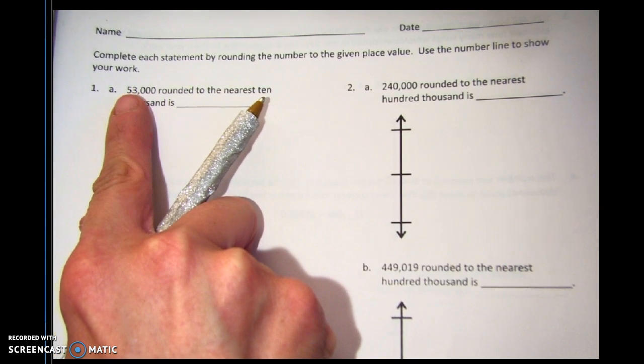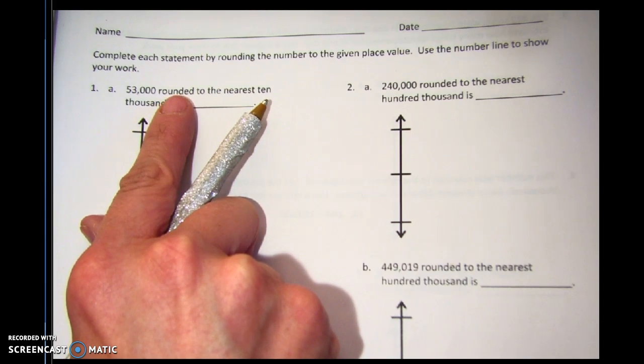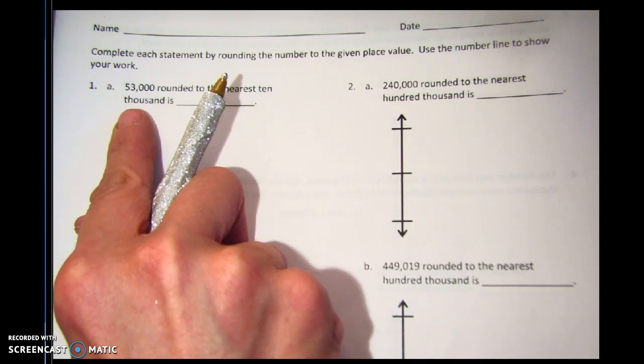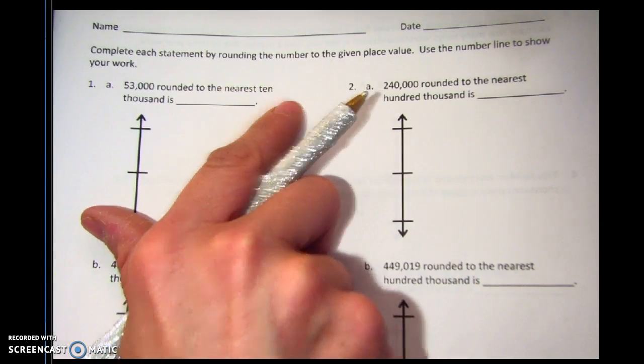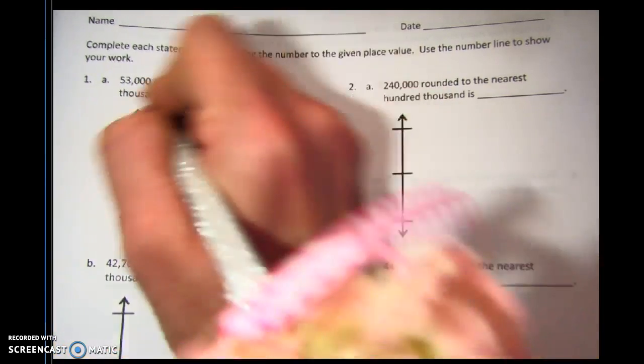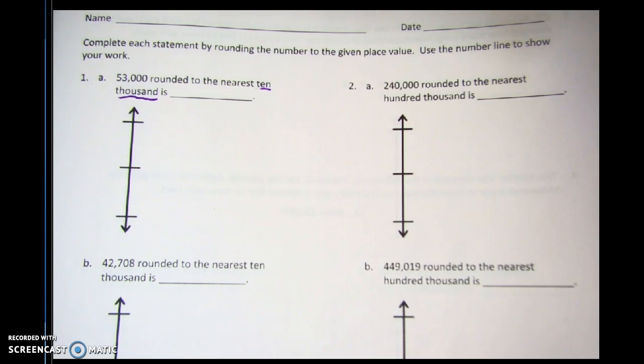Ready? 53,000 rounded to the nearest what? 10,000. Good. So I'm rounding to the nearest, let's underline it, 10,000. And remember, I underline my place value so that I don't forget which one, because I'm going to see any place value on these.